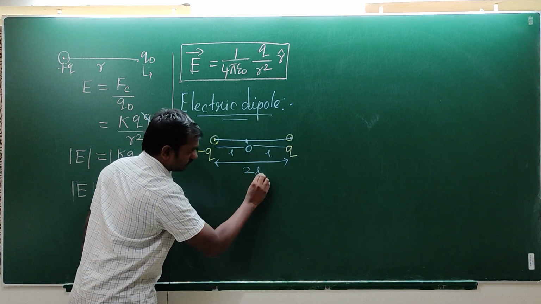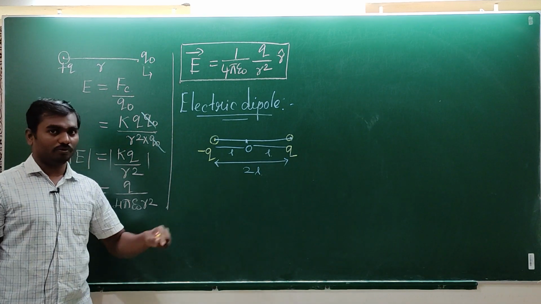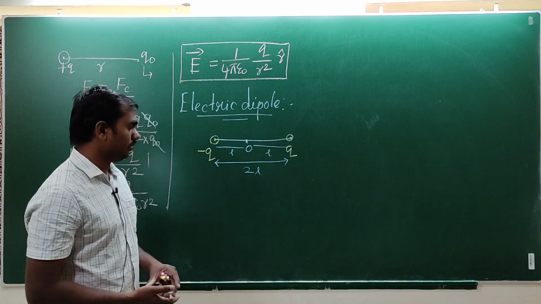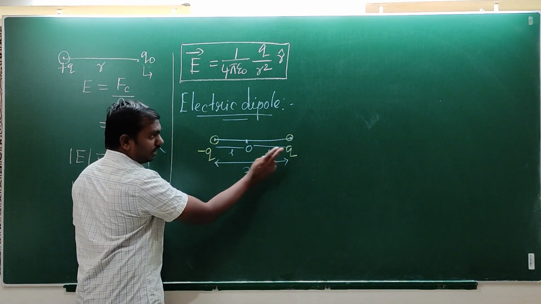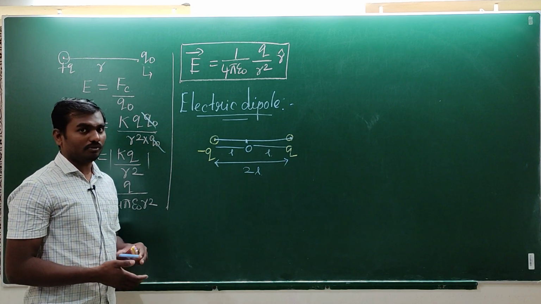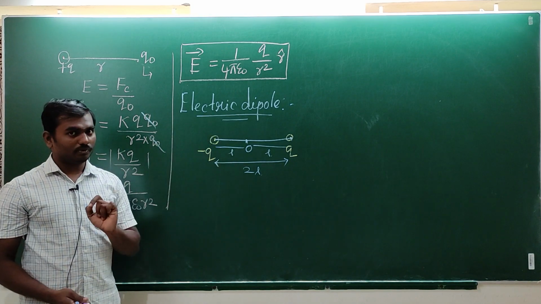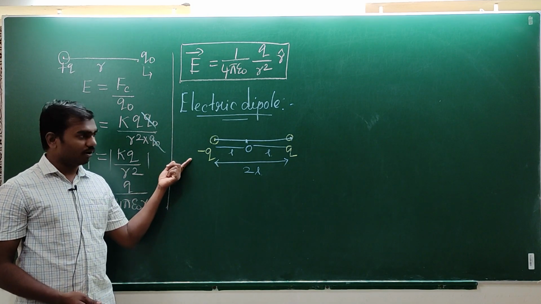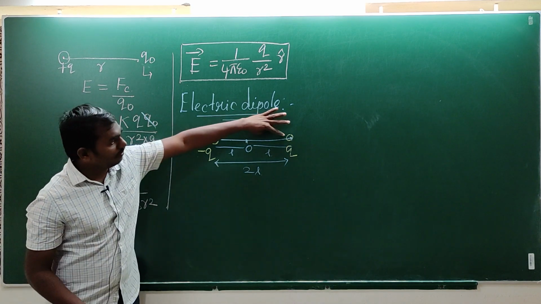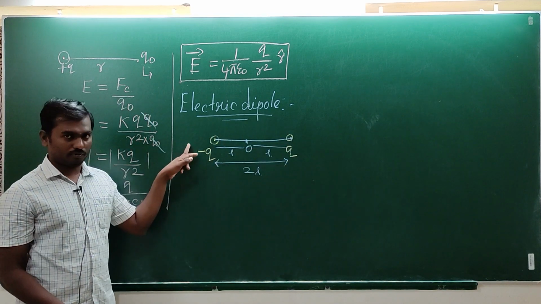This combination is called the electric dipole, and this electric dipole produces a field that is called the electric dipole field. Again, let me repeat: an electric dipole is nothing but a pair of equal and opposite charges separated by a very small distance.